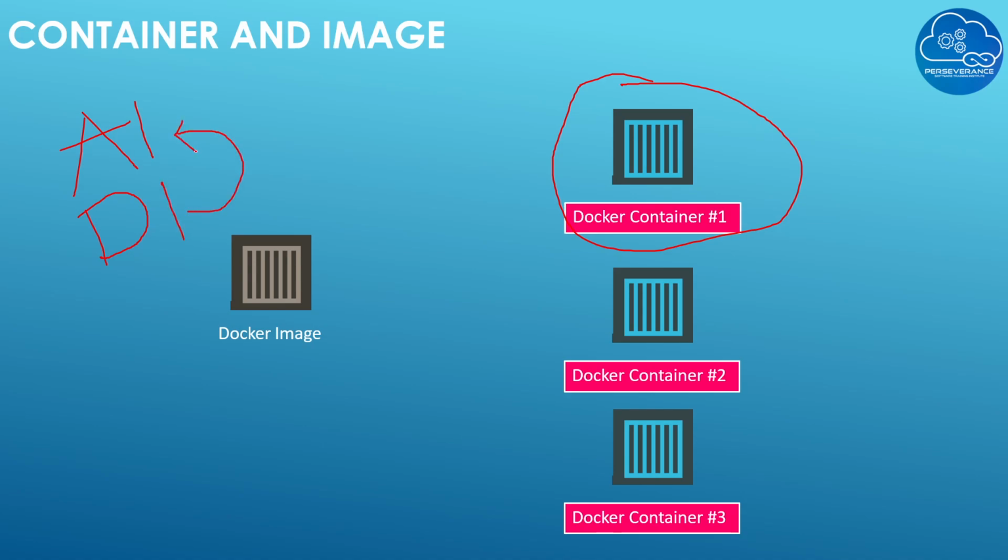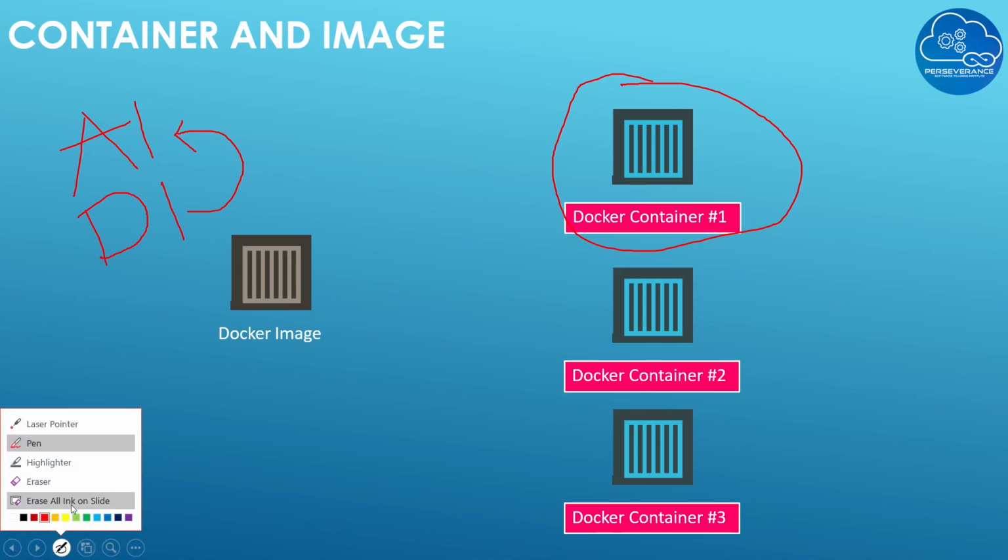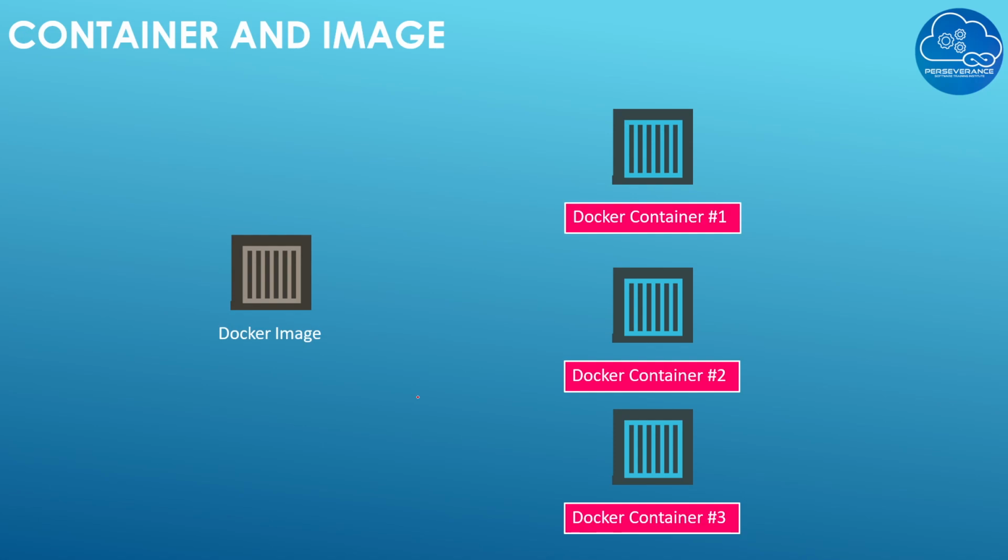We need a dependency d1, which helps us run the application. So a container is something where all the required dependencies to run a software are embedded, and it provides the required environment for that particular software to run actively. So that's all about a container.